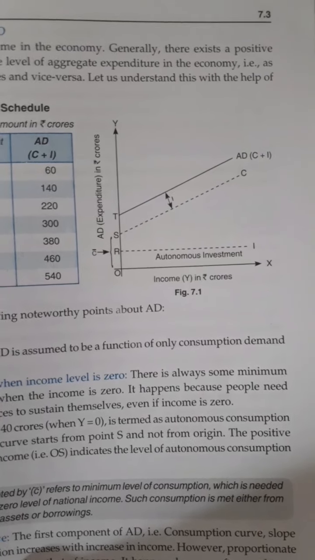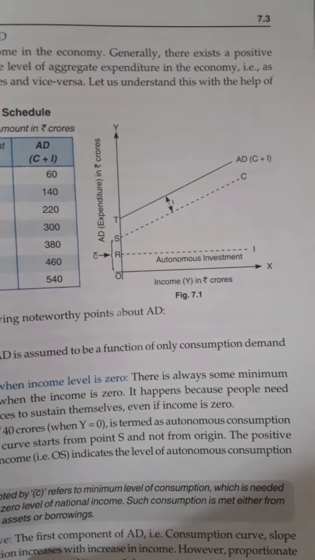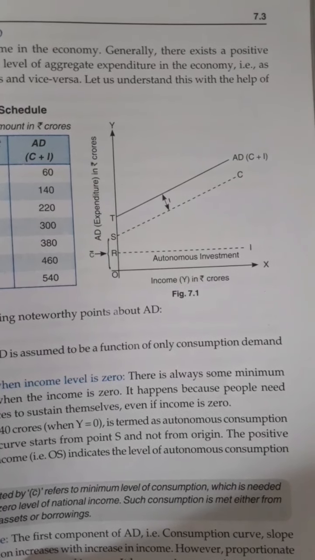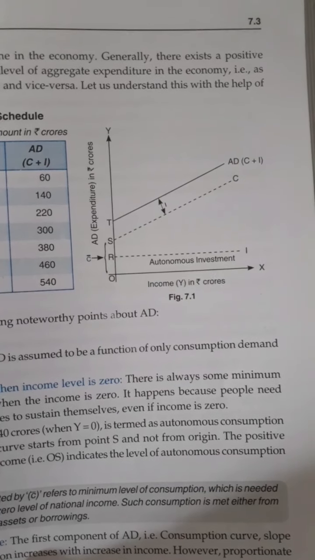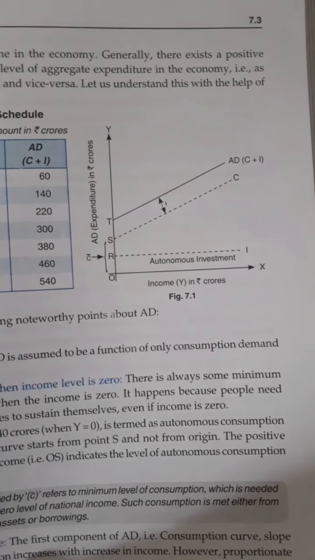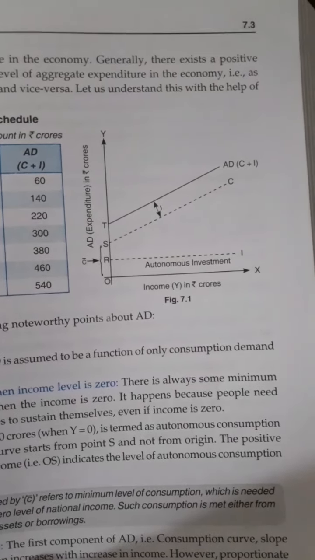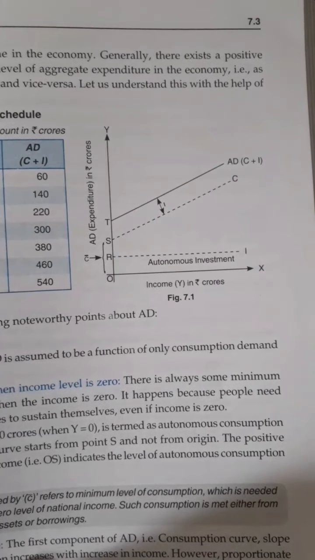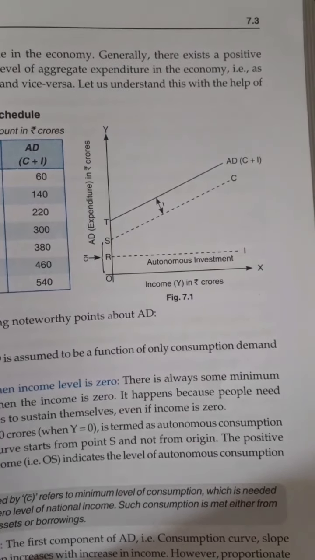There is a very simple reason for that, because even at 0 income level, that is at O, there exists certain demand. So aggregate demand can never start from 0.